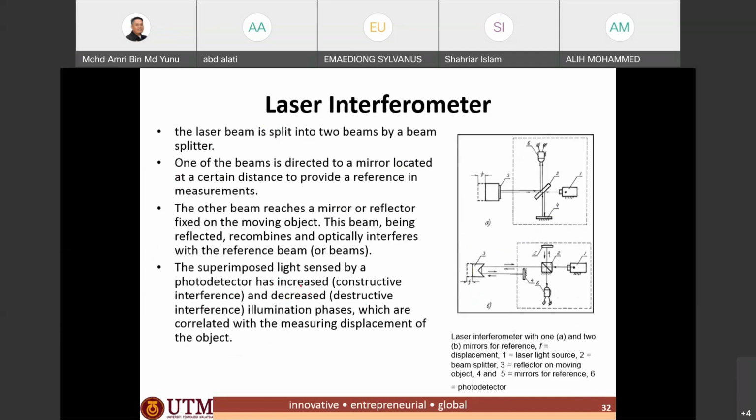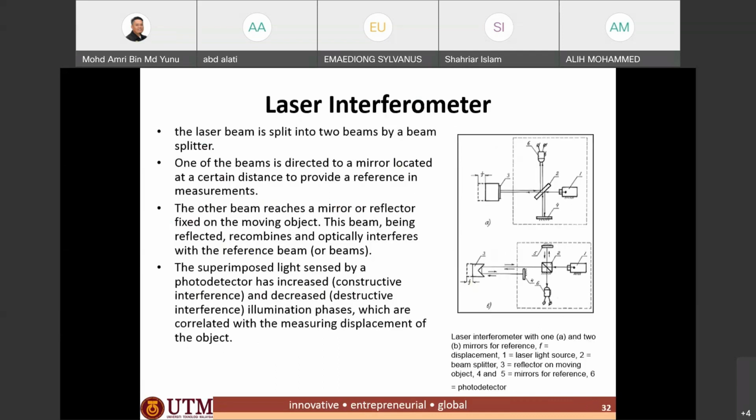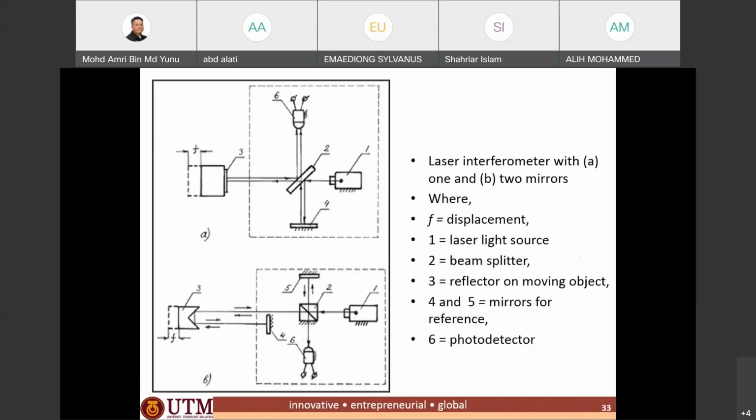The movement of the second mirror will cause the interference to increase or decrease. When the first and second mirror are at the same distance, the interference is low. As the second mirror moves further away from the beam splitter, the interference will increase.